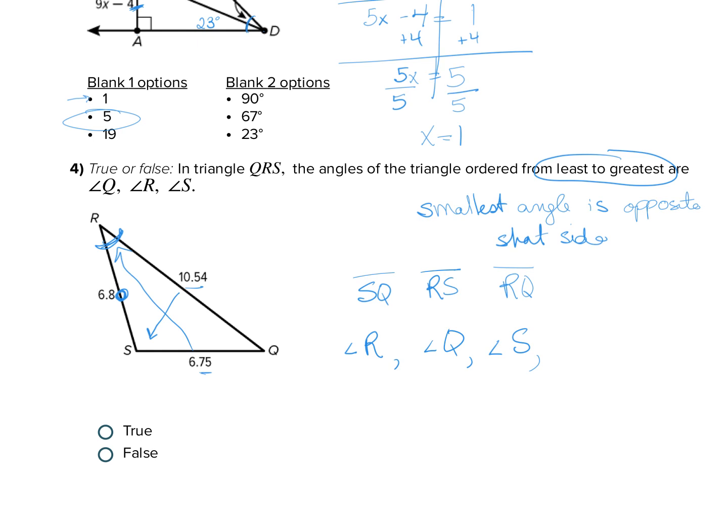So is it true that the smallest angle is angle Q? No, of course not. It is false.